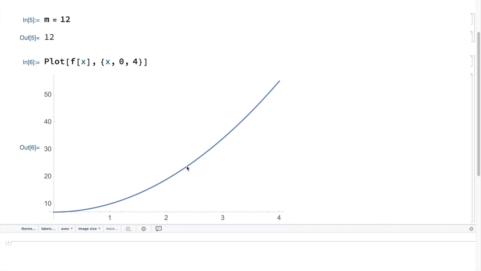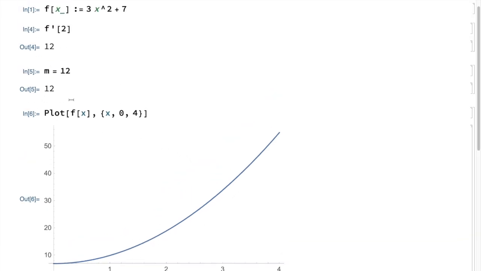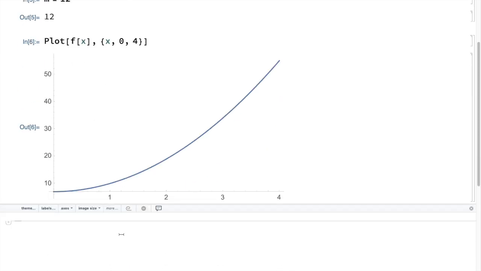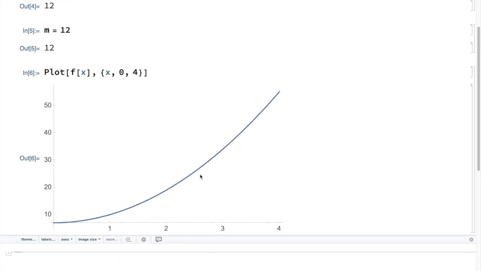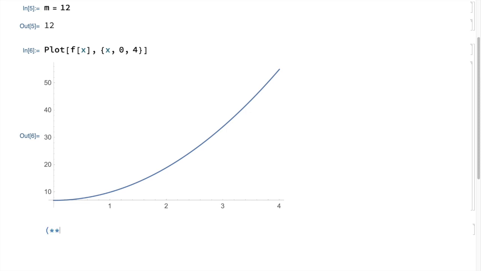It's going to look a lot like that right there. So how do I find that? Well, if I have one point on the line, then I could use point gradient form, and that will give me the equation of the line pretty easily.